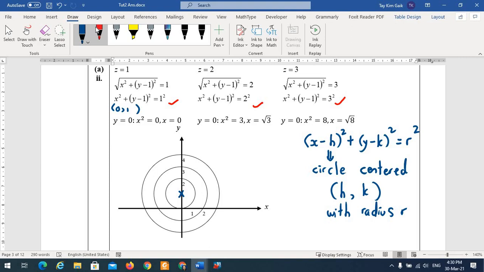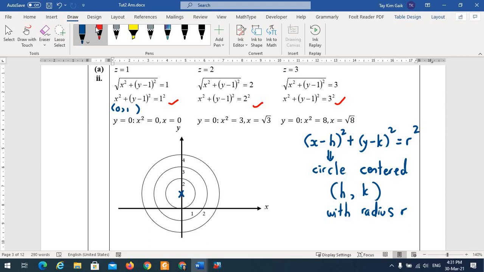When z equals 2, you let this function equal to 2, and to eliminate the square root, you square both hand sides. So again, this circle is centered at (0, 1), but the radius is 2. From here, 1 unit, 2 units. That's why this point is 3.